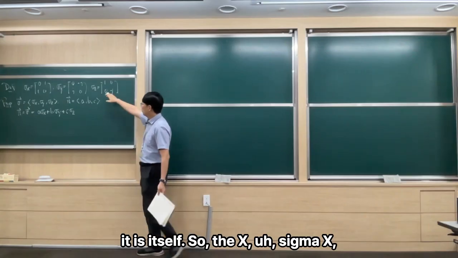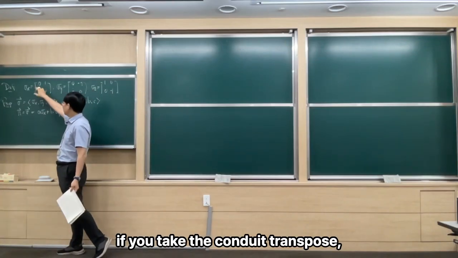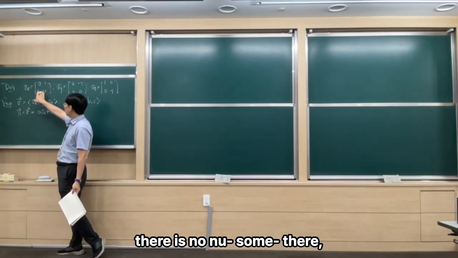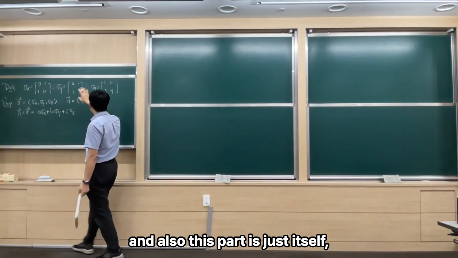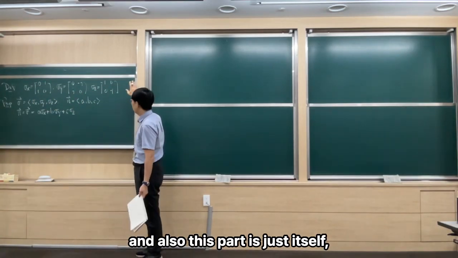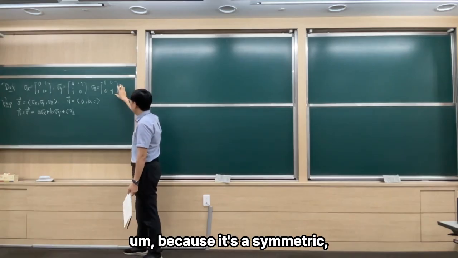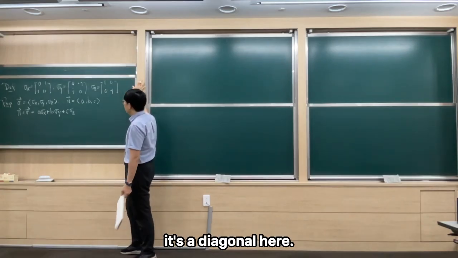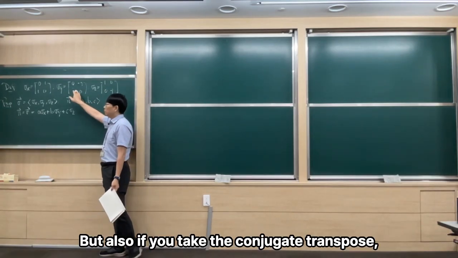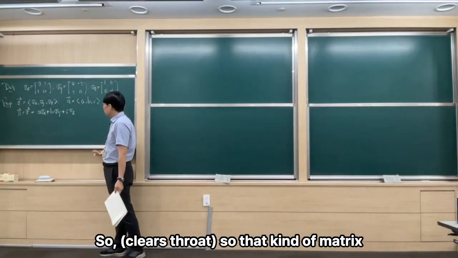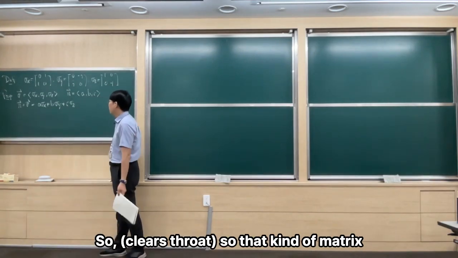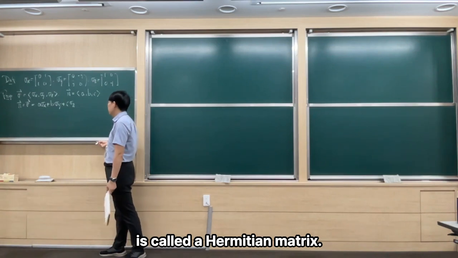So the sigma x, if you take the conjugate transpose, there's no imaginary part, so it's just itself, and also this part is just itself, because it's symmetric. It's diagonal here. But also, if you take the conjugate transpose, you can see that it's the same thing. So that kind of matrix is called a Hermitian matrix.